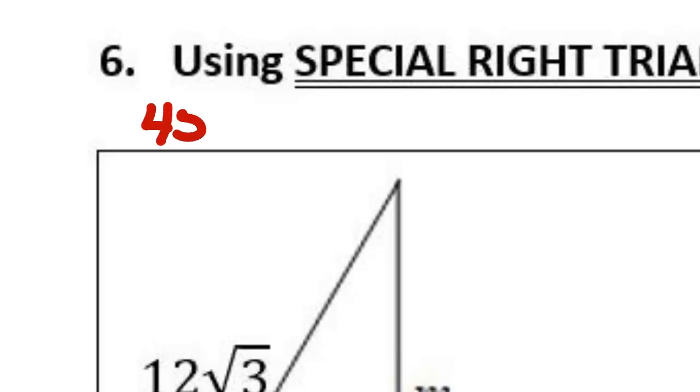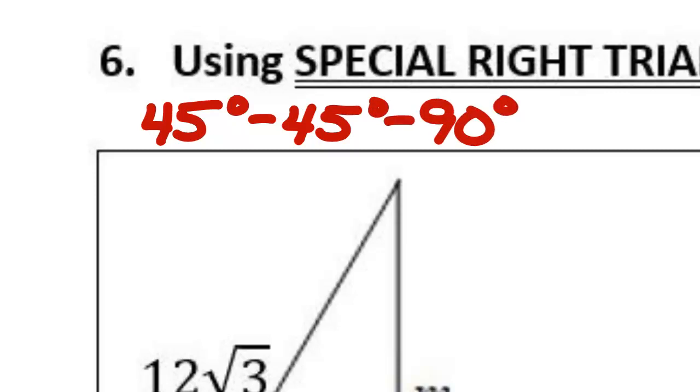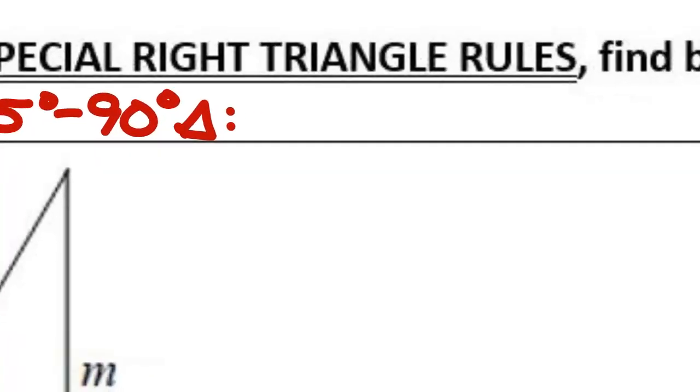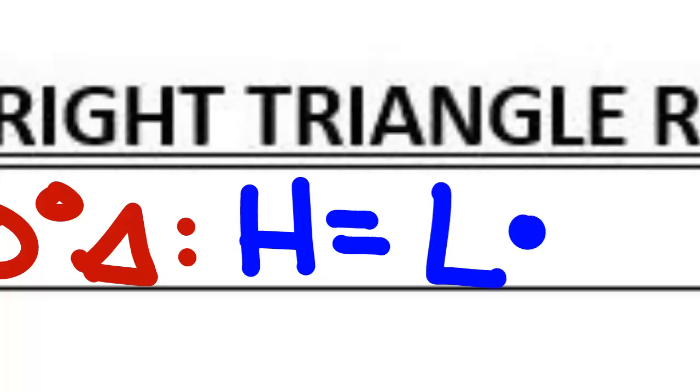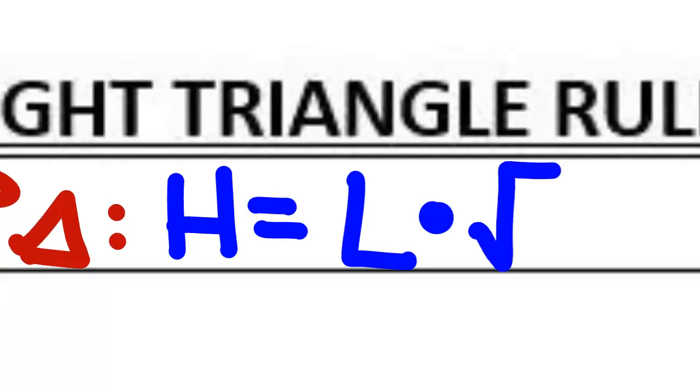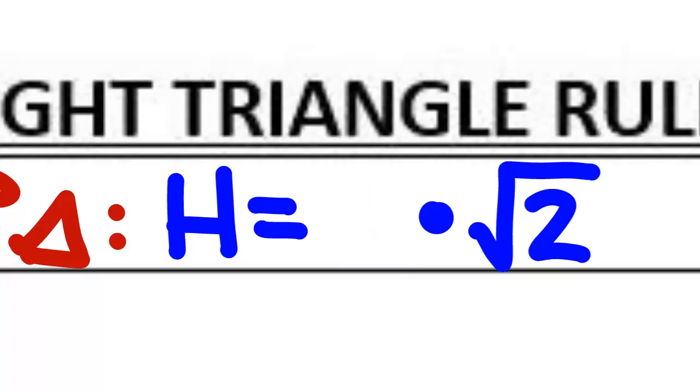We have 45, 45, 90 triangles. And there is one rule that you need to know for the 45, 45, 90s. The hypotenuse is equal to the leg length times the square root of 2. Remember, in a 45, 45, 90, the 2 legs are the same size.